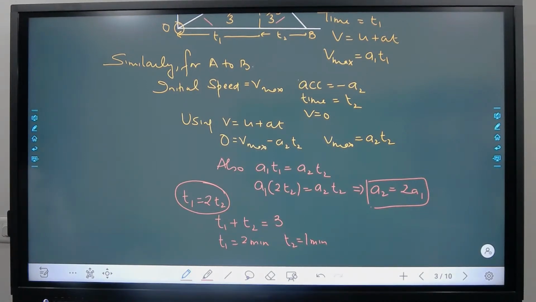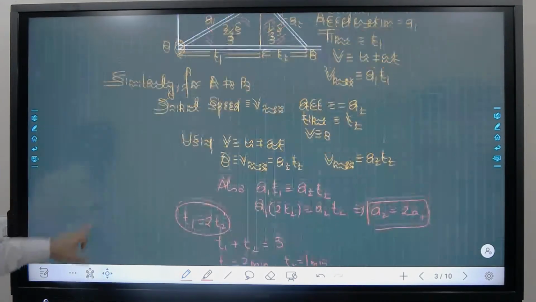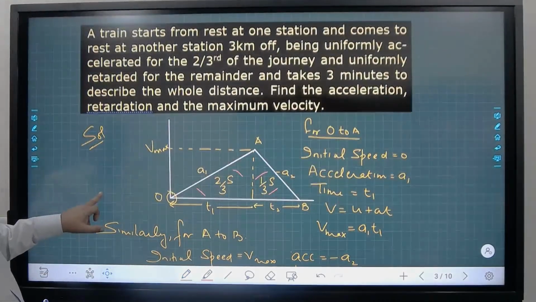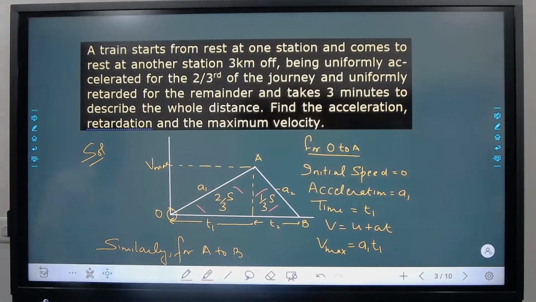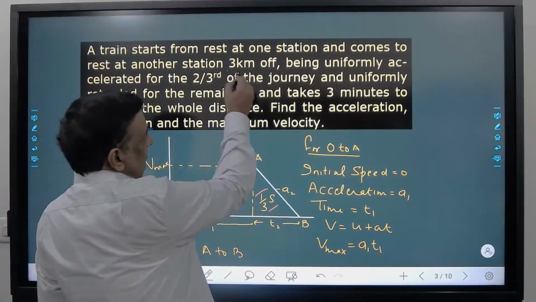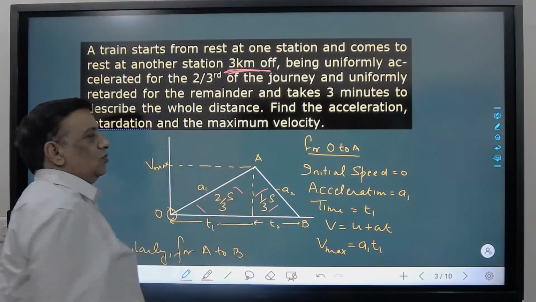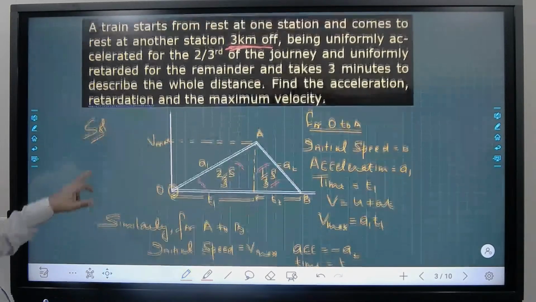You have to find acceleration and retardation also. What else are we given? Total distance traveled is 3 kilometer.